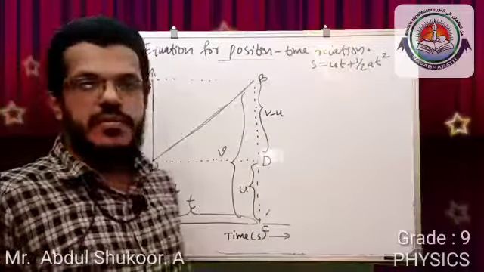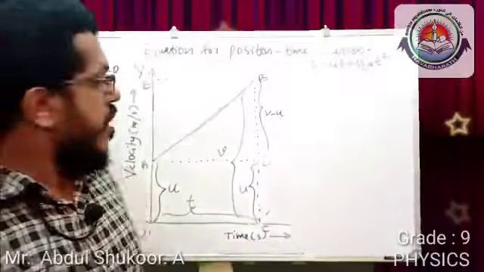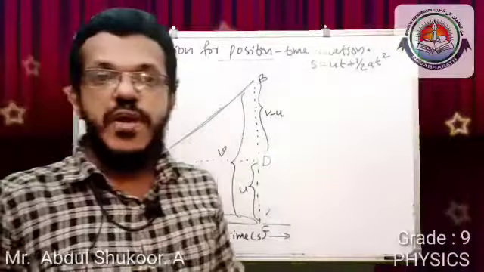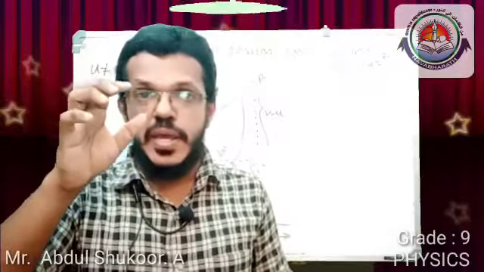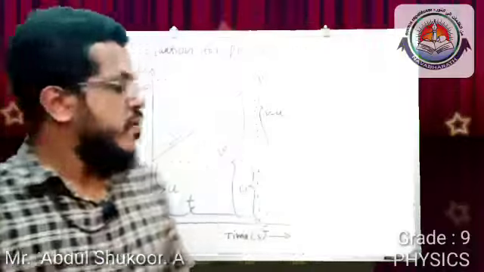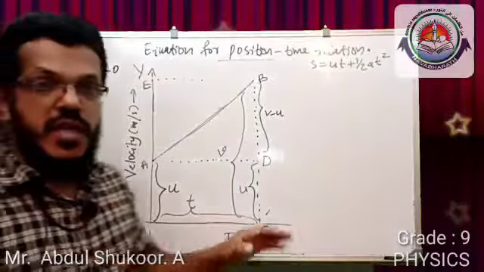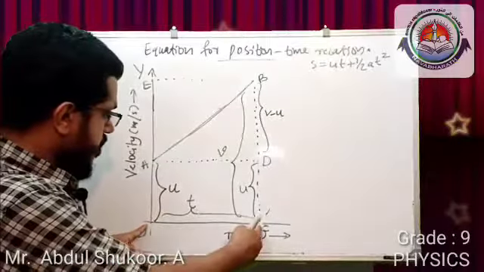Okay, in the last class we discussed that from a velocity time graph we can find out the displacement or distance traveled by a body in a specific time interval. How can we find out from the velocity time graph the distance traveled by this body between this time interval OC?